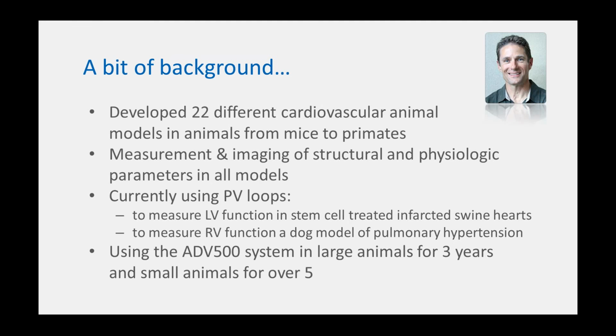We've been using the SciSense admittance system in large animals for about 3 years now, and in small animals for over 5. I've been doing PV loops for almost 15 years in total.